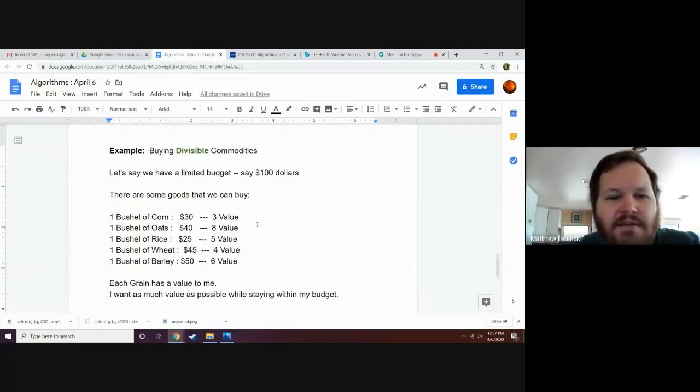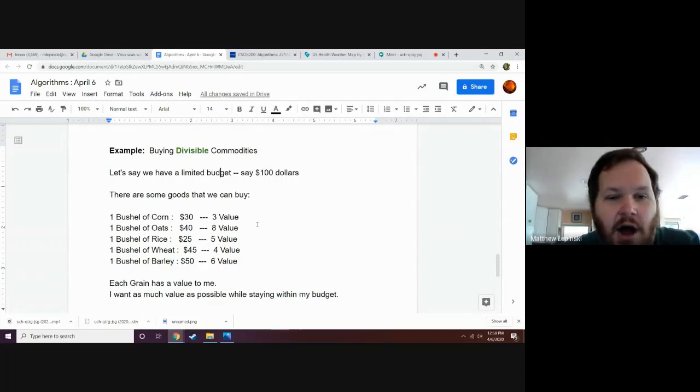What I mean by divisible commodities is that it makes sense to buy half a bushel of corn. It doesn't make sense to buy half of a Toyota Camry, or half of a banana or half a sofa. So in a lot of cases, you can't break down items into pieces.